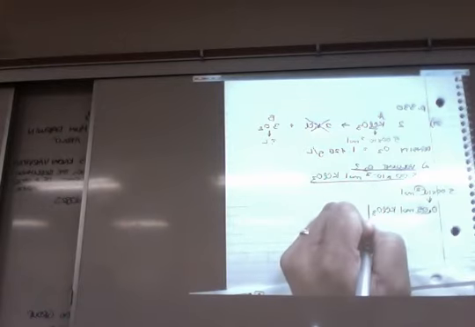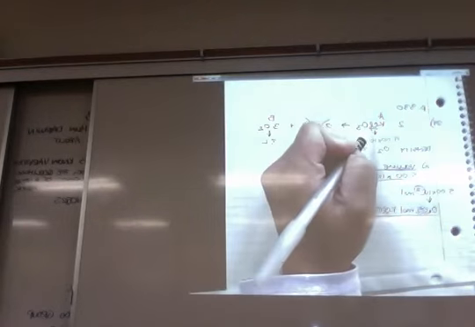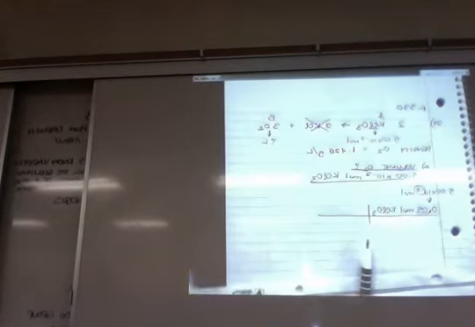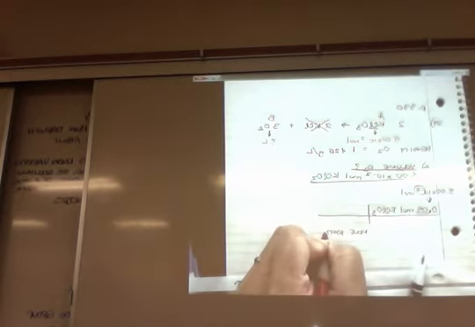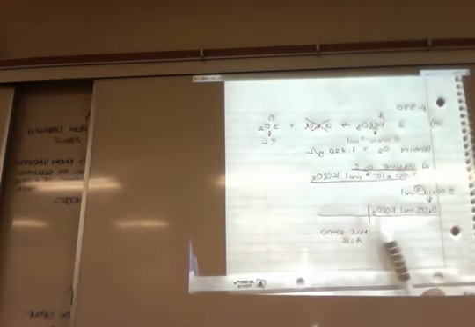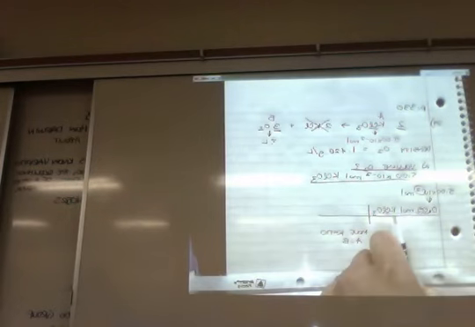If I'm in moles of KClO3, how do I go from moles of A to moles of B? I'm going to compare mole ratios of A to B. What's my mole ratio in this problem? 2 to 3.